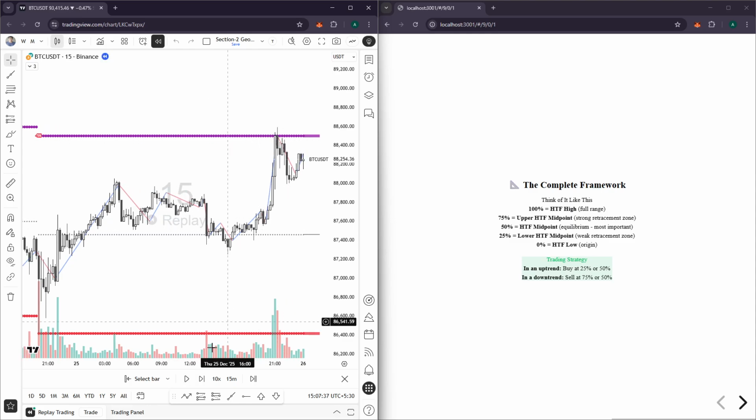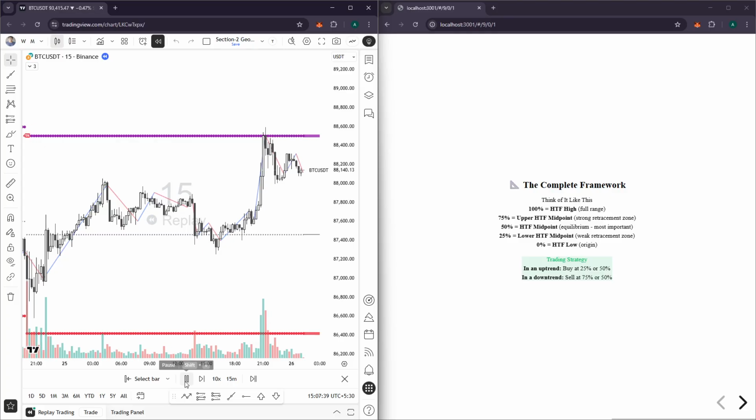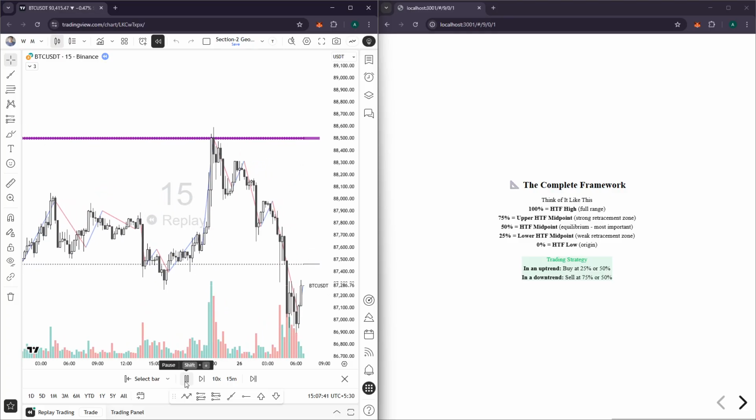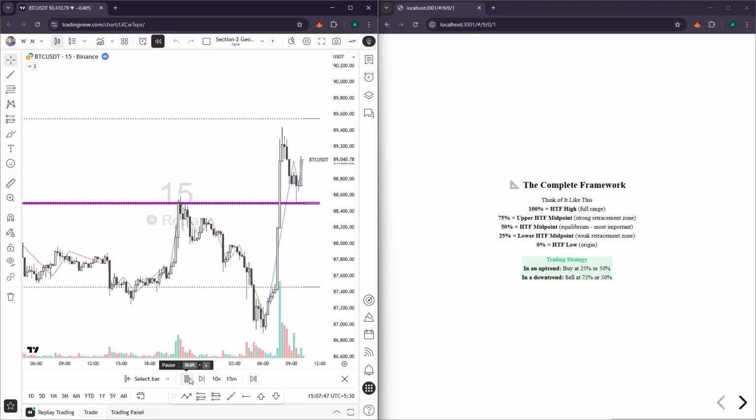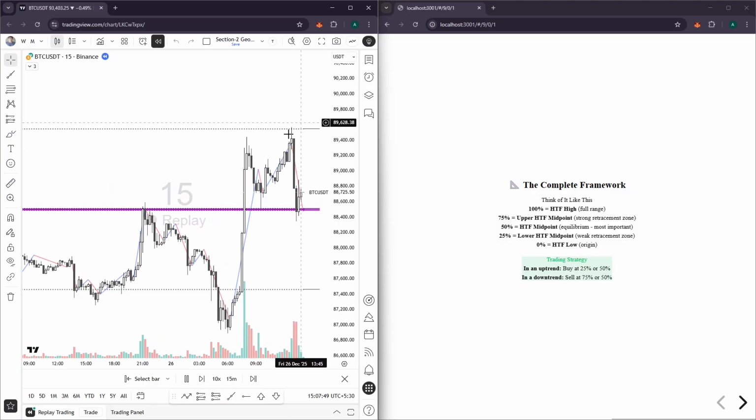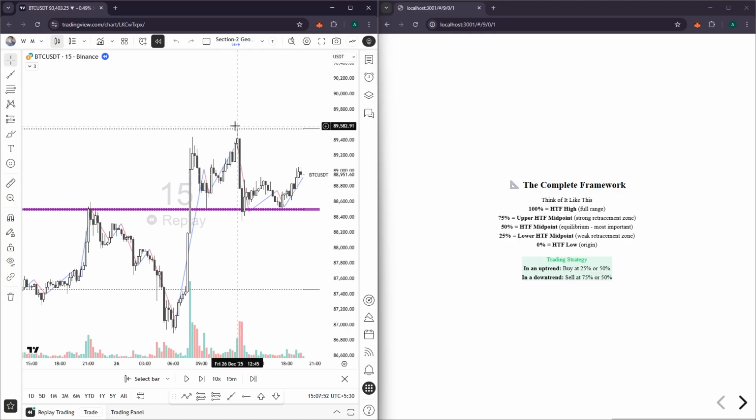See, 50%, then came down a little bit. Okay. Came down a lot, like now almost 1%, 1.5%. Then it went up back again. And at this 75%, you see, the market rejected very strongly.